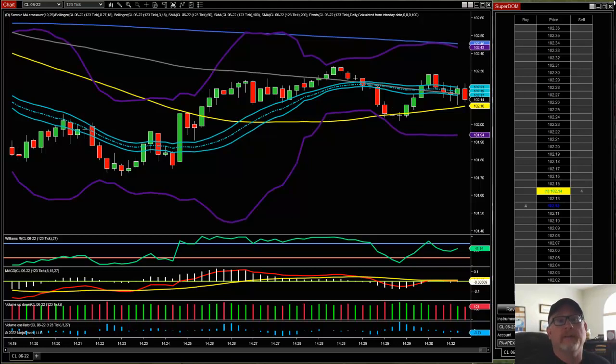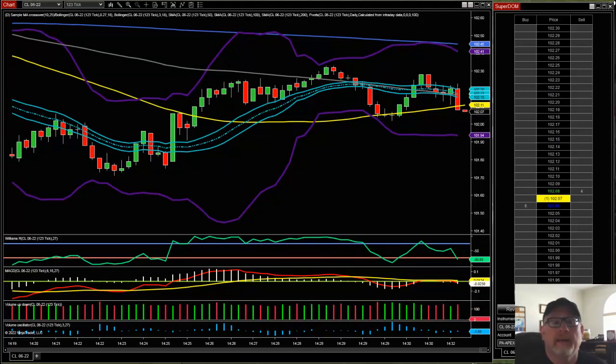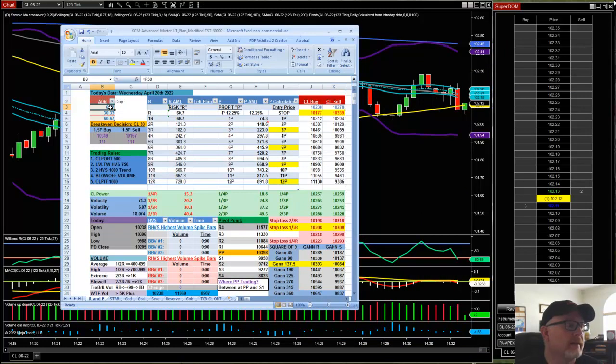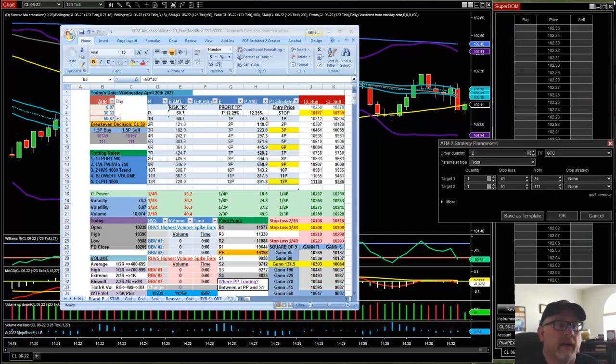April's been very fun to trade crude oil recently with all the volatility in the market. Just so you know what we were running with today, although I would have never taken it, we were running with a 6.07 ADR today, which equates to 61 ticks. If I pull up my edit button, I was running with a 61 tick stop loss, a 74 tick profit target, and a 111 profit target.